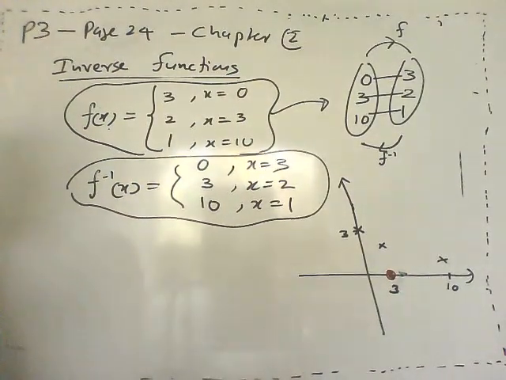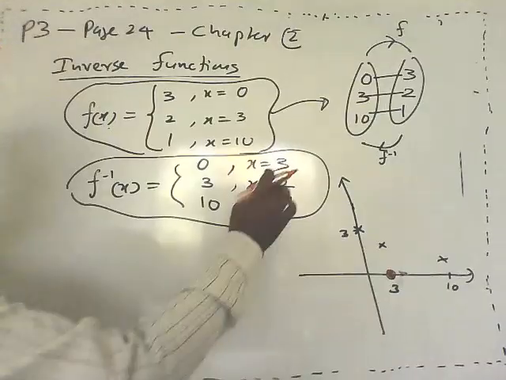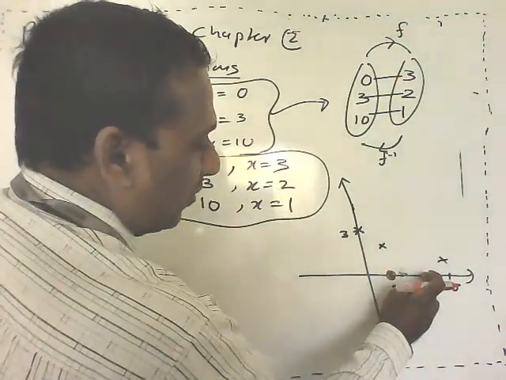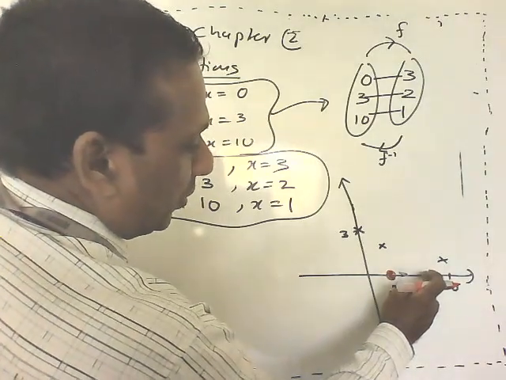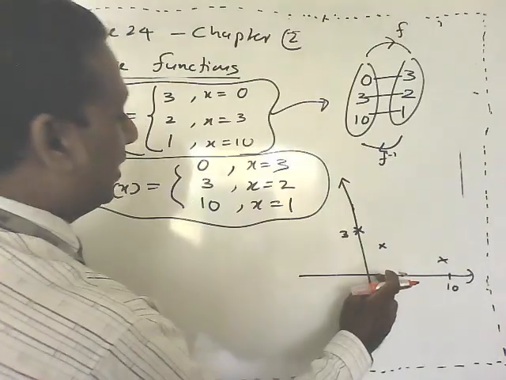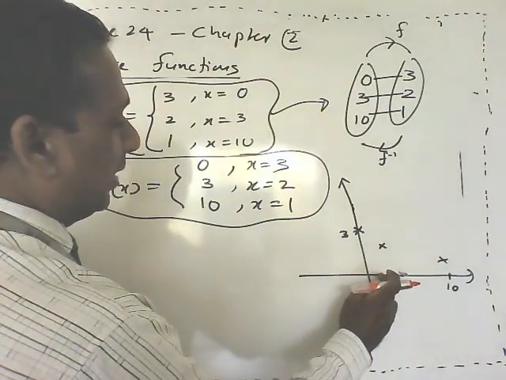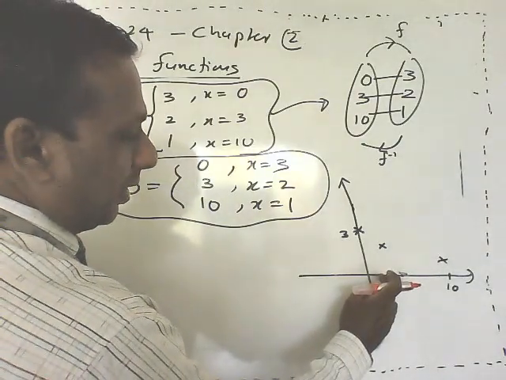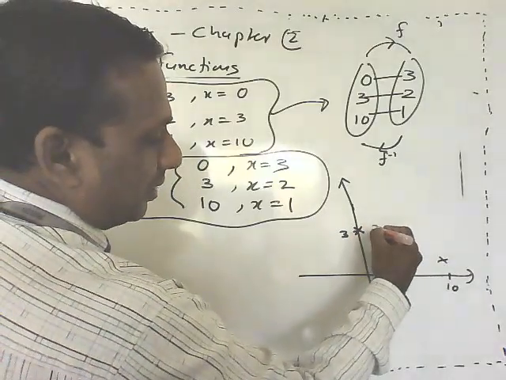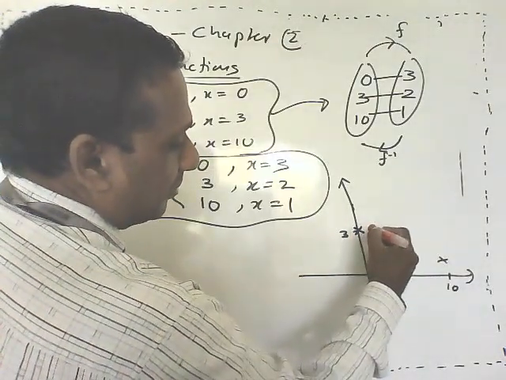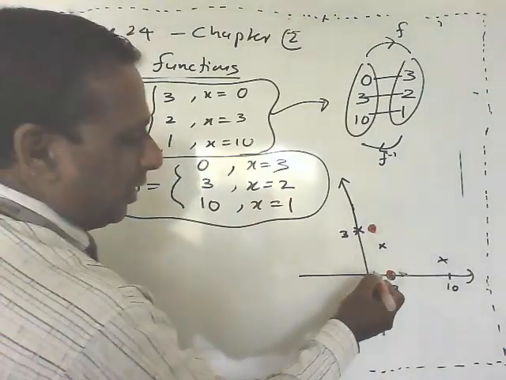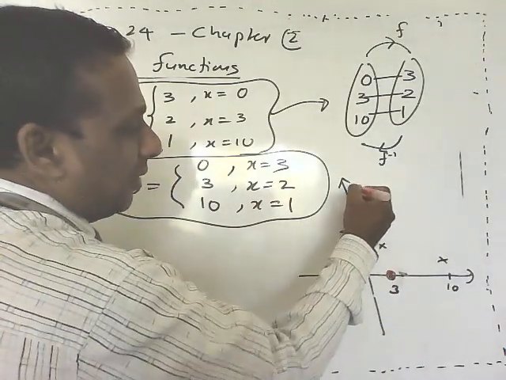For x equal 2, it is going to be 3, so it comes a little bit to this side. And for x equal 1, it is going to be 10.